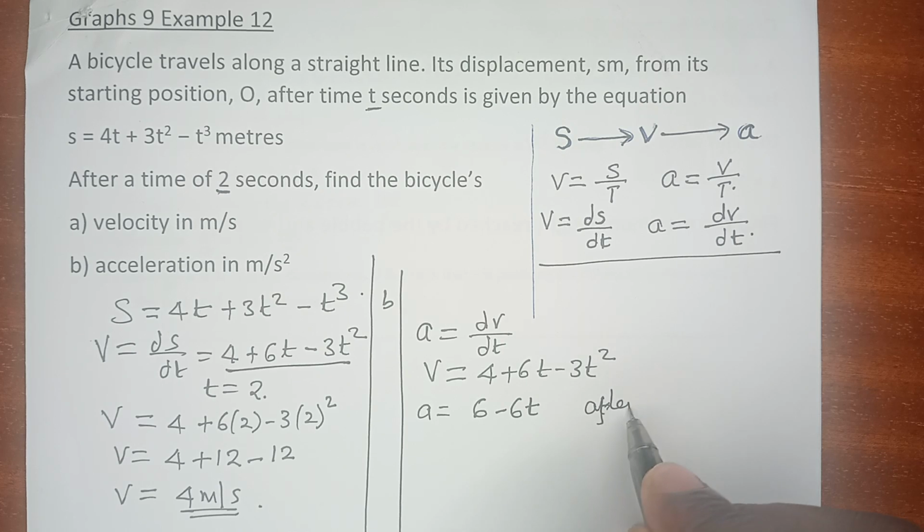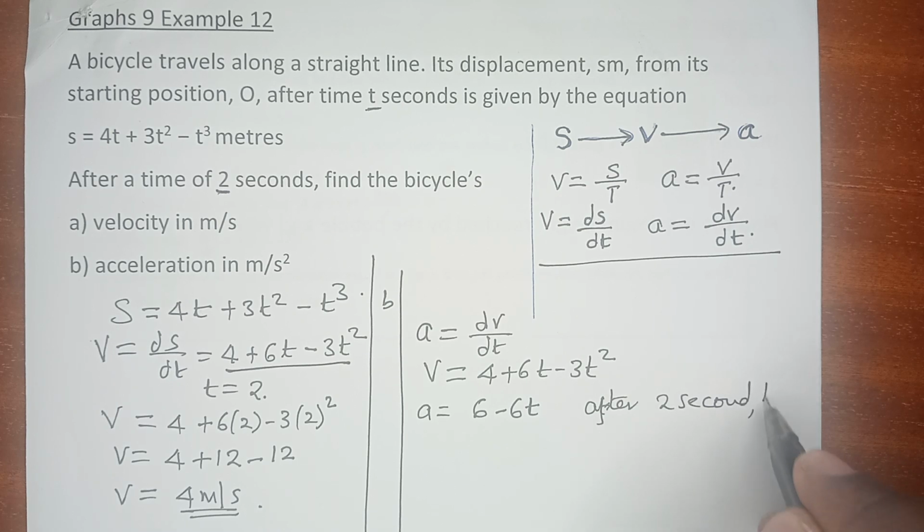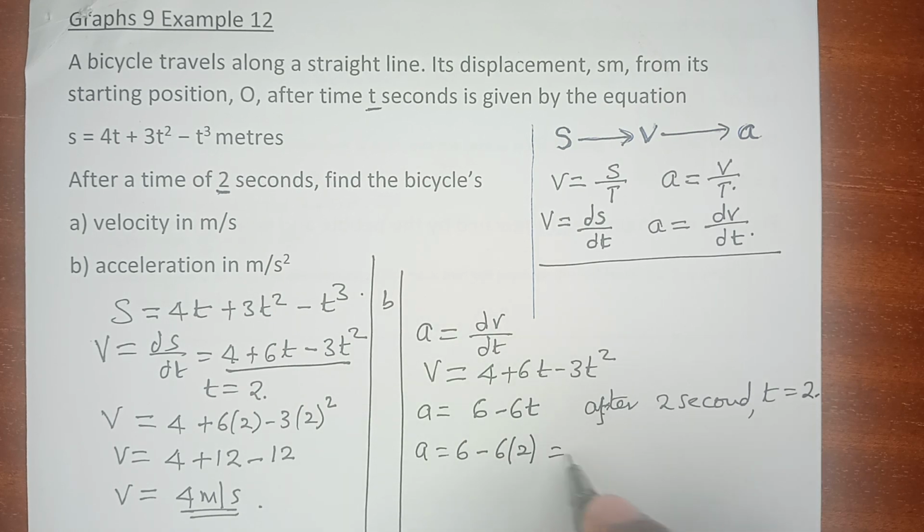After 2 seconds, of course, we all know that t is equal to 2. So substituting in this one, we are going to find that acceleration is 6 minus 6 multiplied by 2, which is 6 minus 12, which is negative 6 meters per second squared.